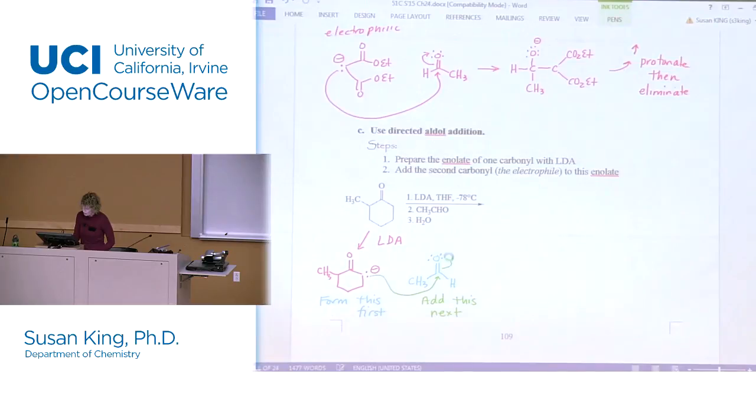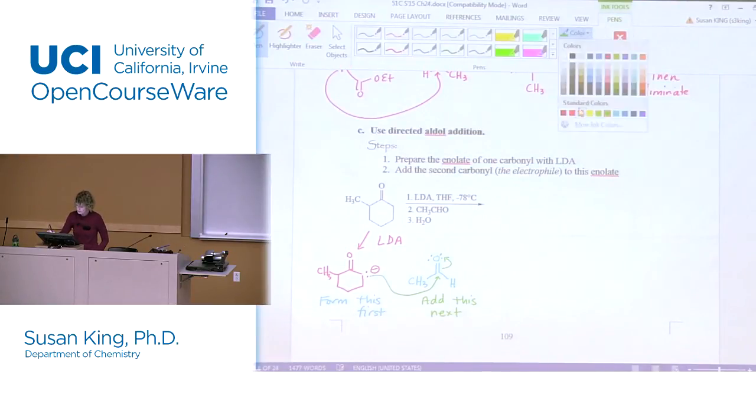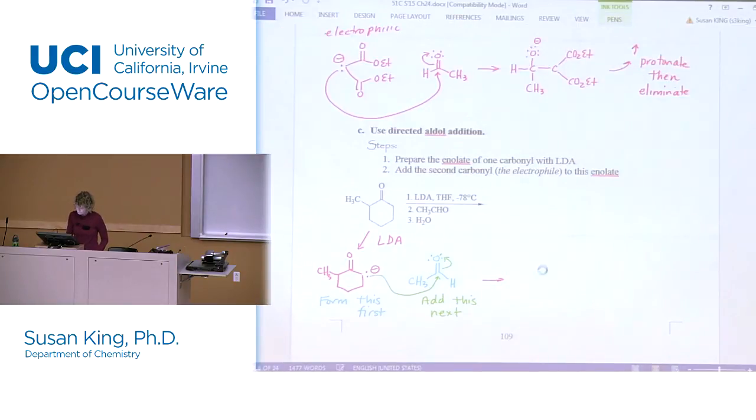And rather than letting the molecules do their own thing, you're actually in charge here of what's happening, if you know what you're doing. And this also lets you isolate the beta hydroxy carbonyl compound, depending on what you do. If you add water here, and you're careful not to add acid, you can isolate the beta hydroxy carbonyl.